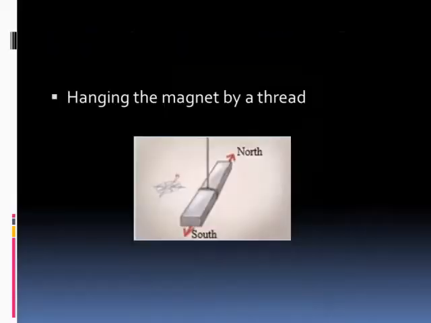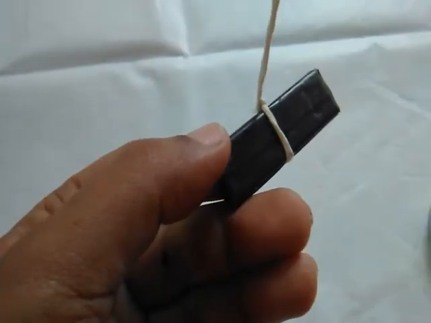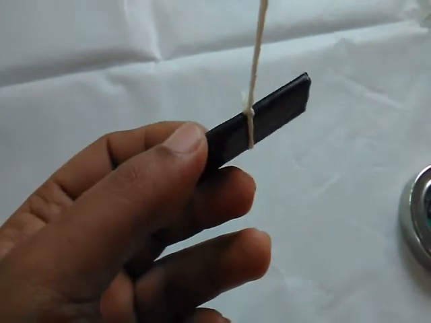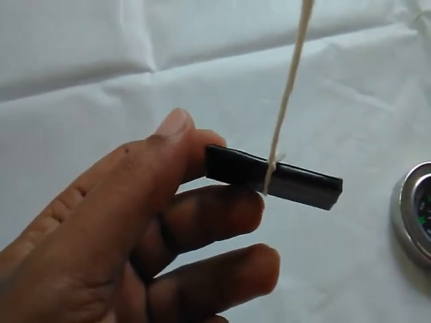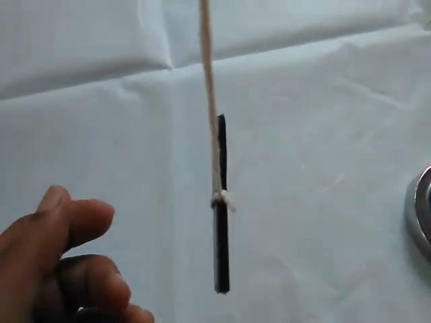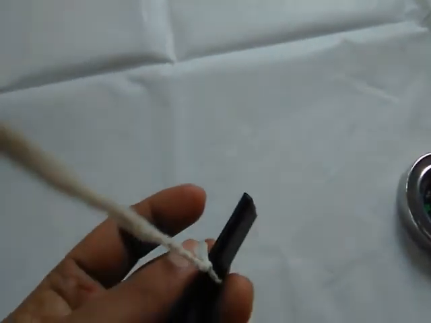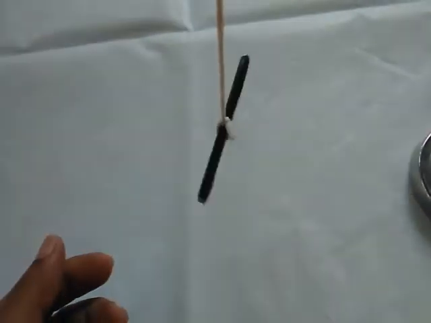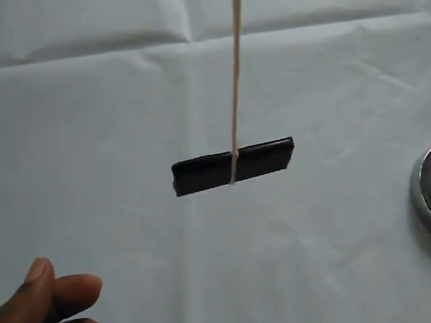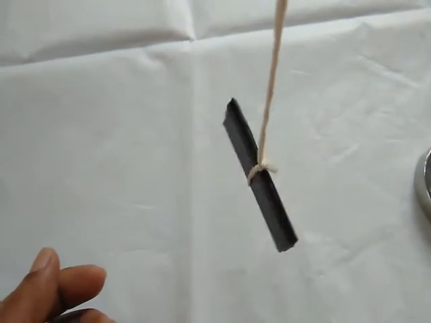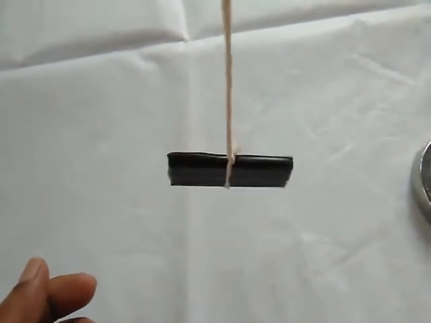Find the magnetic poles by hanging the magnet. So I hang the magnet using a thread. You can see when the magnet is hung by a thread, it always turns to one direction.